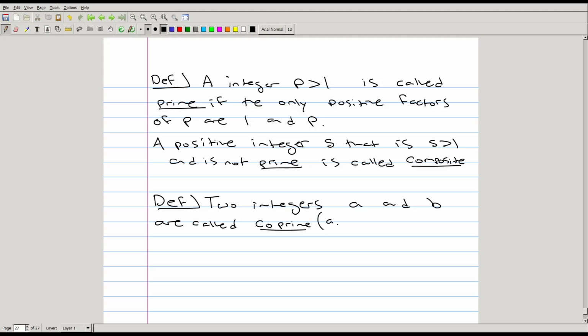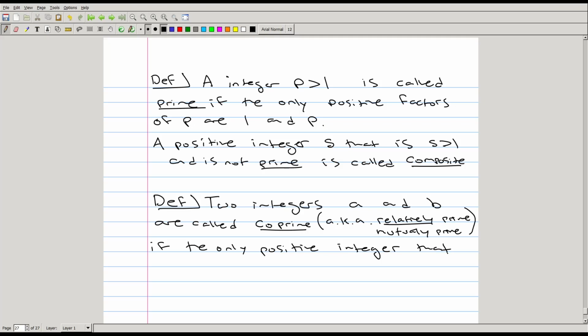This is also known as relatively prime or mutually prime if the only positive integer that evenly divides, or is a divisor, of both of them is 1.